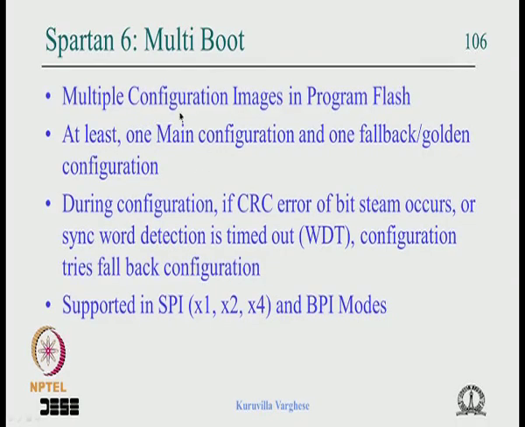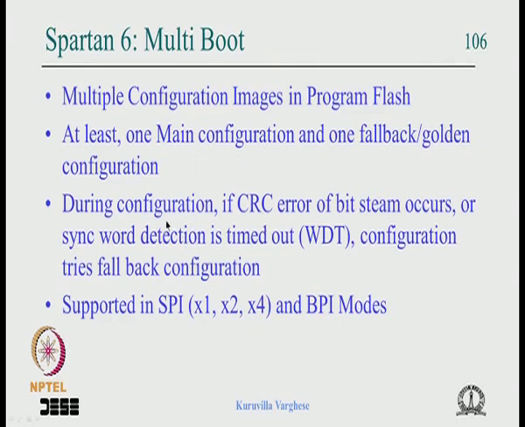So you can have at least one main configuration and one fallback configuration. During configuration, while the configuration bit stream is read, the CRC is calculated, and if there is any bit corruption the CRC will give an error. In that case it will fall back on the golden configuration.